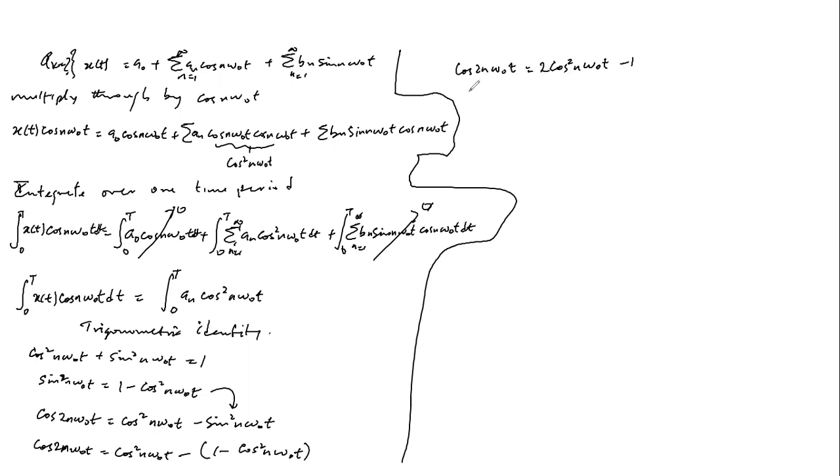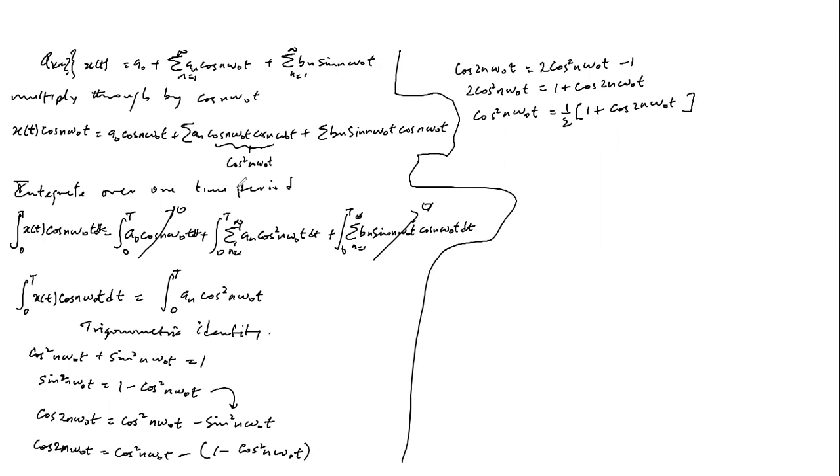So this will be the same as 2 cos squared n omega t is the same as 1 plus cos 2n omega t, such that cos squared n omega naught t is the same as 1 over 2, 1 plus cos 2n omega t.